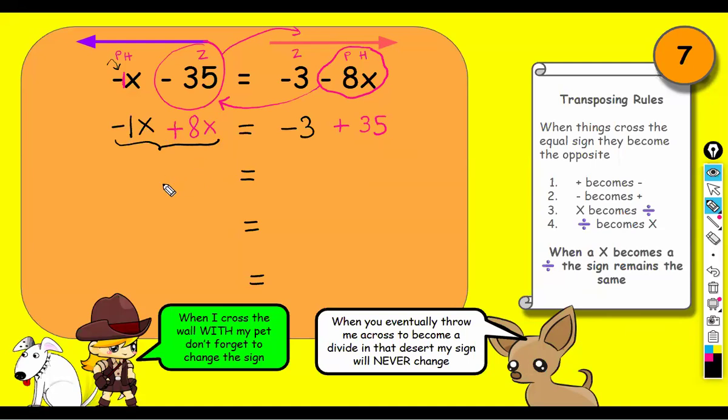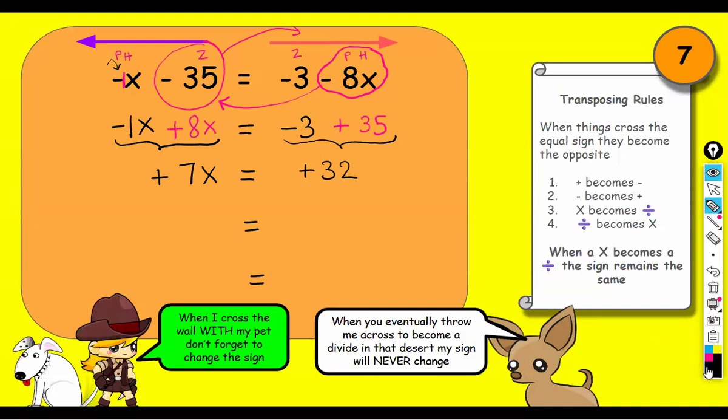Minus 1x plus 8x is positive 7x. Minus 3 plus 35. I think that is how much? Positive 32.